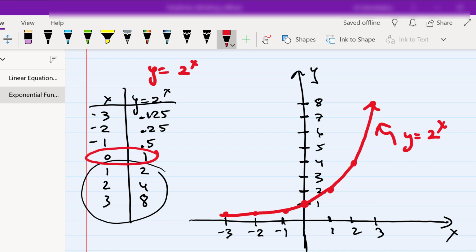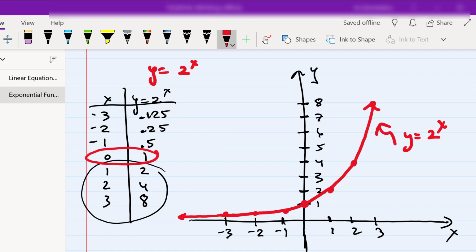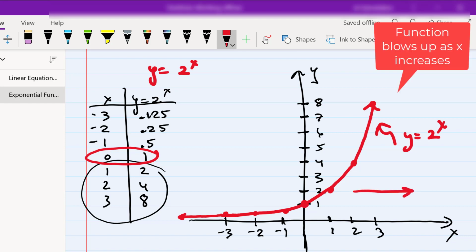Now notice, as x gets bigger in the negative direction, we approach 0 but never touch it. When x gets bigger in the positive direction, we notice that it grows rapidly.